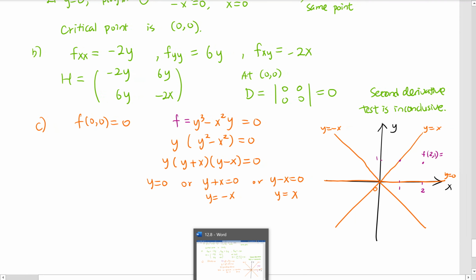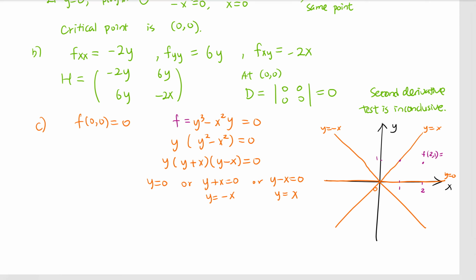I don't have enough space. Okay, let's do it here. So x is 2, y is 1. Then we have 1 minus 2 squared, which is 4, times 1, is negative 3. Okay, so in this whole region, if one point gives us negative, then the whole region is going to be negative. Let's look at this point. This point is 1, 2.